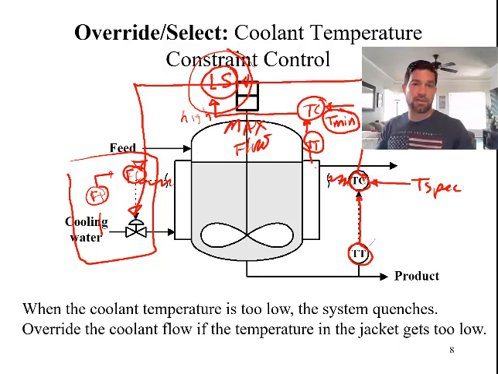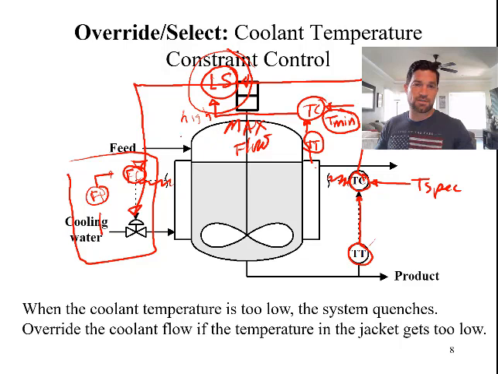I want you to think about this same exact system right here, no cascade loop. How would this work? What type of controller would you have if you had an air to open valve and your signal is air pressure? And what type of controller would you have if it's an air to close valve? Okay, a little bit of a hint for you. If it's air to open, again, high air pressure, high flow. Probably going to be set up the same way.